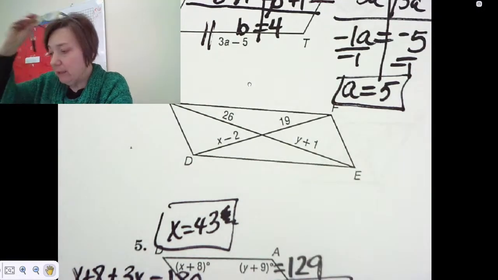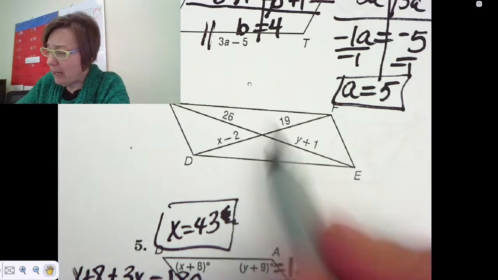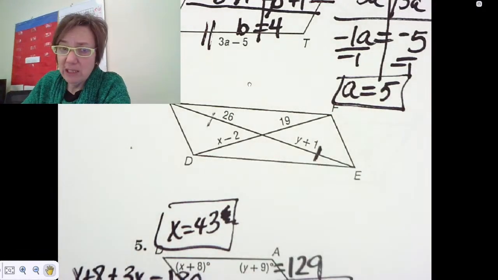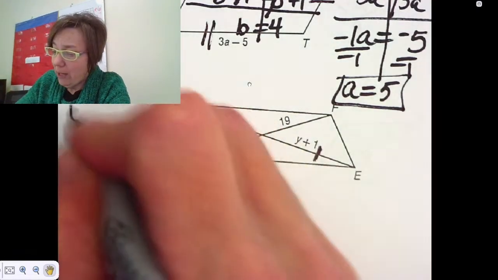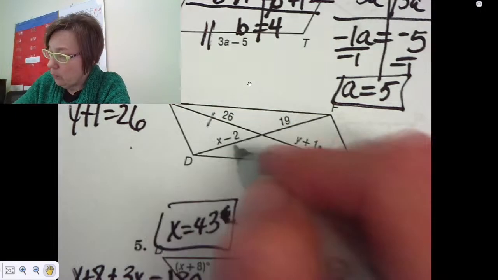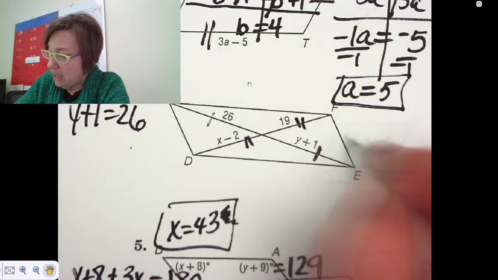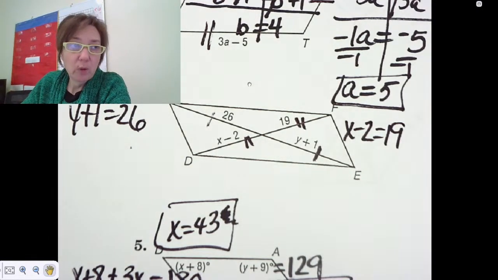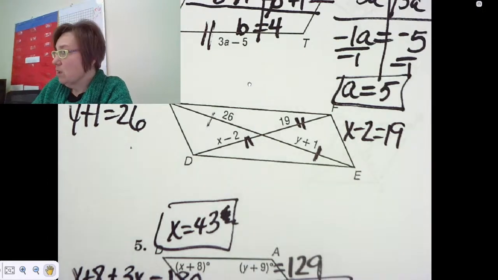Okay, so here's what we know. We know that these two diagonals bisect each other. That means they cut each other into these congruent segments where y plus 1 has to equal 26. And then over here, x minus 2 has to equal 19. Right? So then we can just solve those.